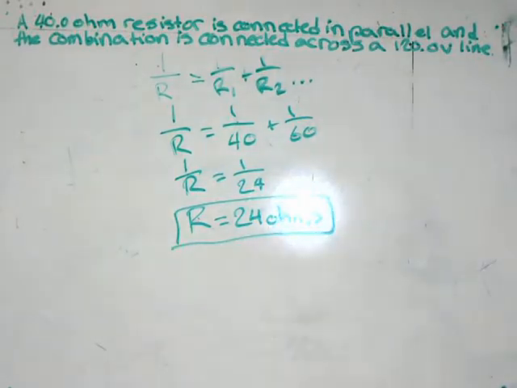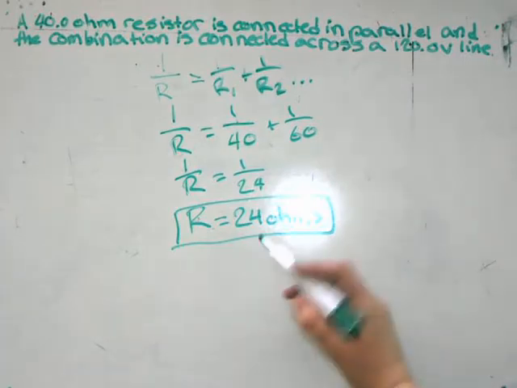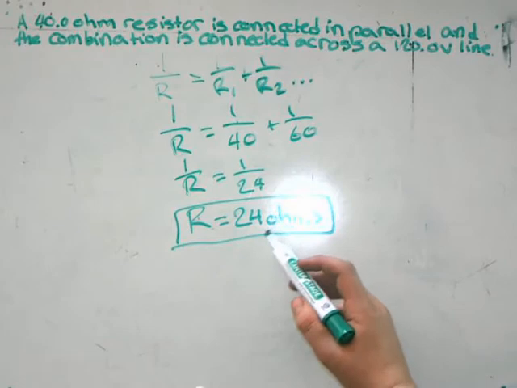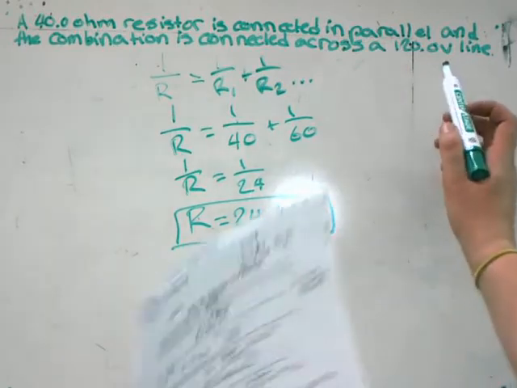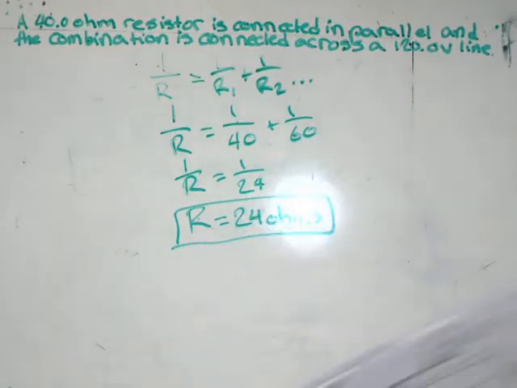The next part of this problem is, what is the total current through the parallel combination? We already know the total resistance and the total voltage. So to solve for the total current, we just use the overall equation. We don't need to worry about it being in parallel.